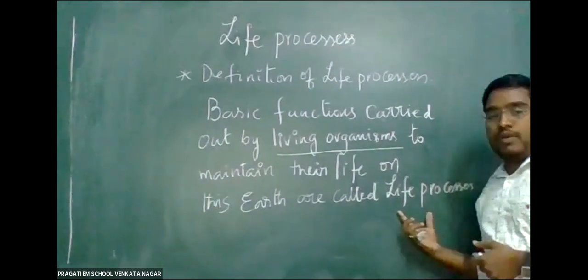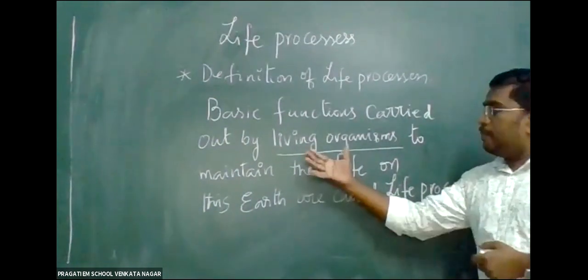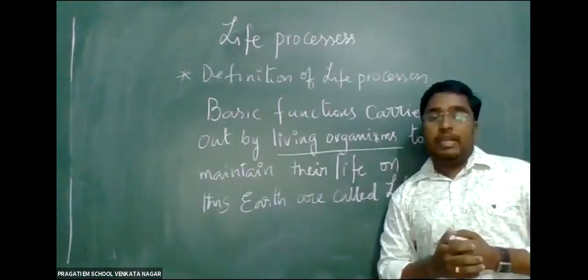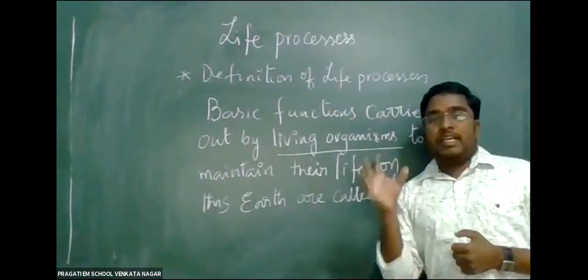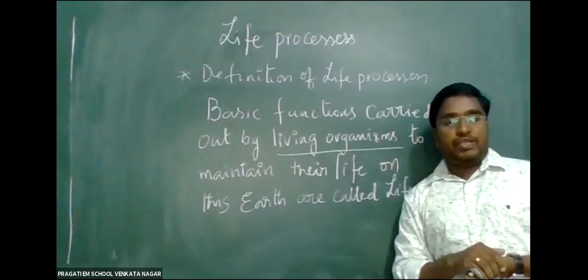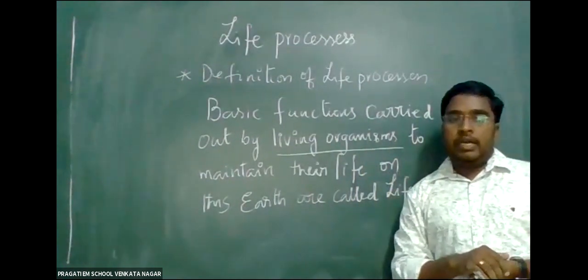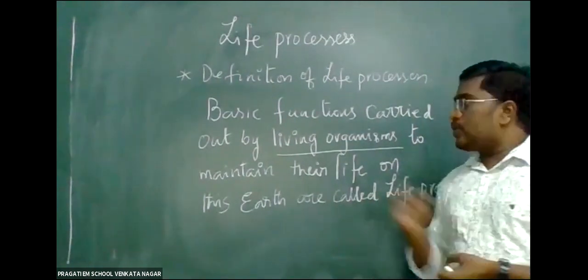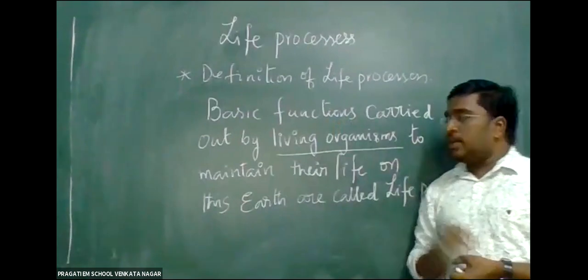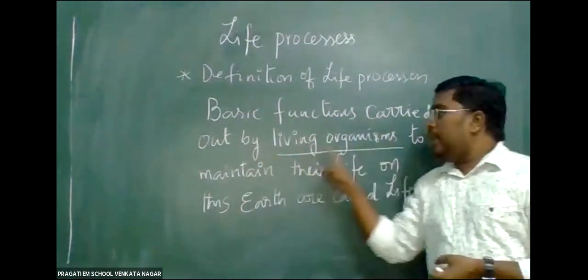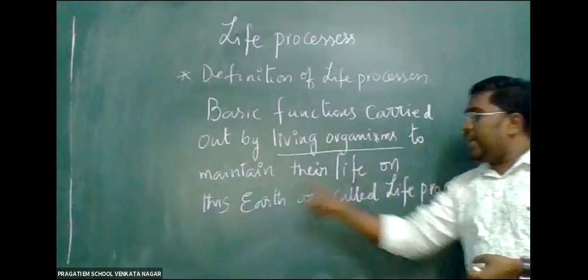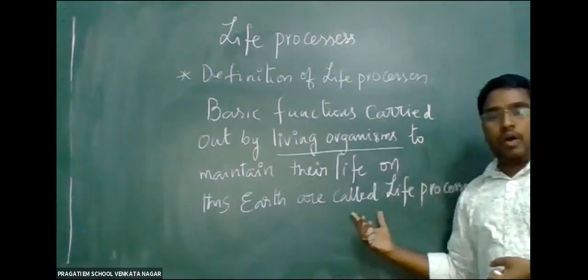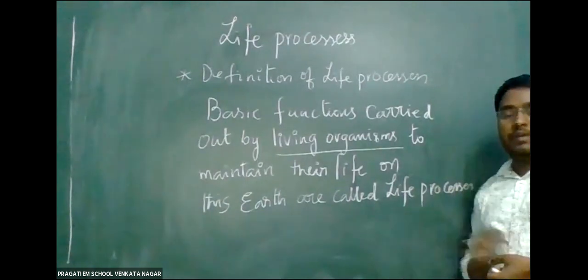called life processes. What are the basic functions which happen in the living organism? Basic metabolic activities like digestion, respiration, excretion, all these are metabolic activities, basic functions carried out by living organisms to maintain their life on this earth, and are called life processes.